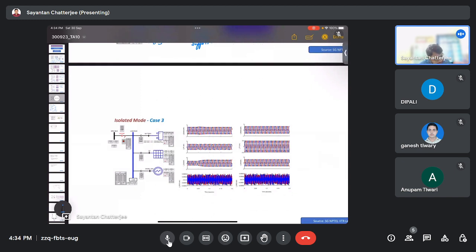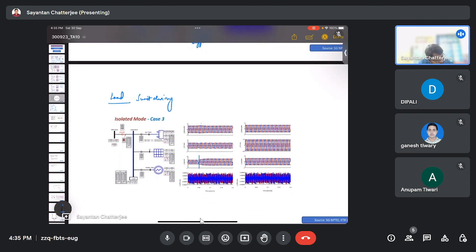The last case is the same system as the previous one, only a switching action took place. Load switching took place. For that, each of these systems had a bit of unbalance, and after that we can observe the steady state currents.